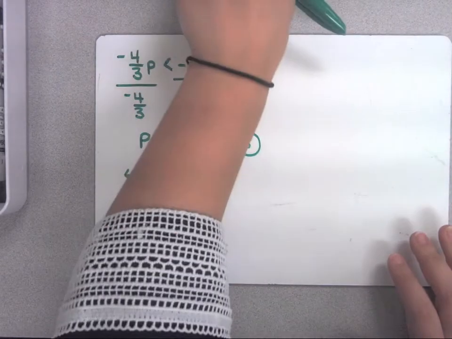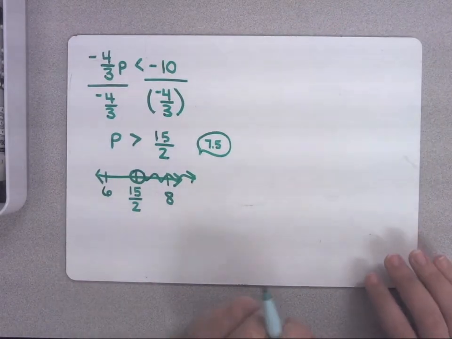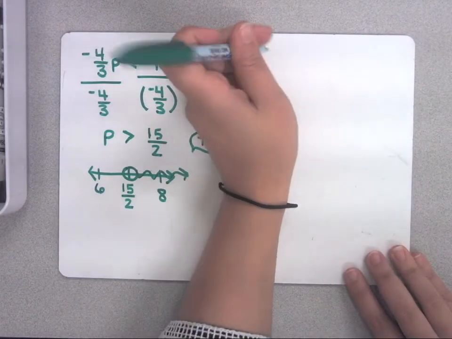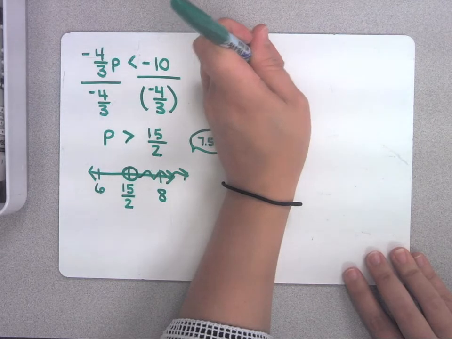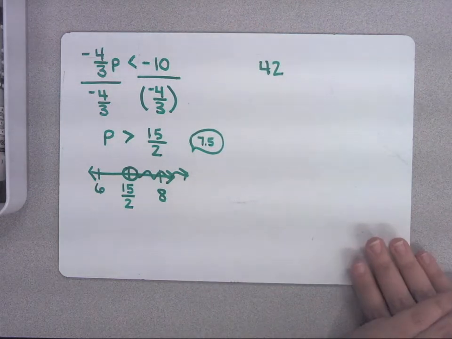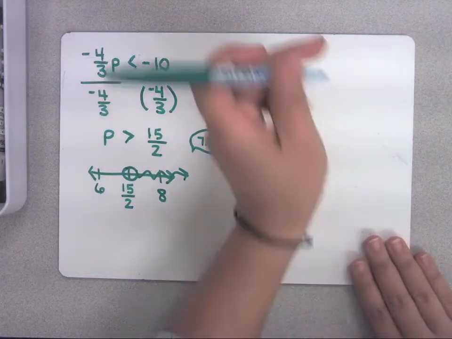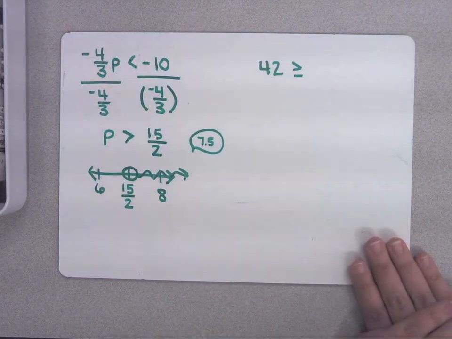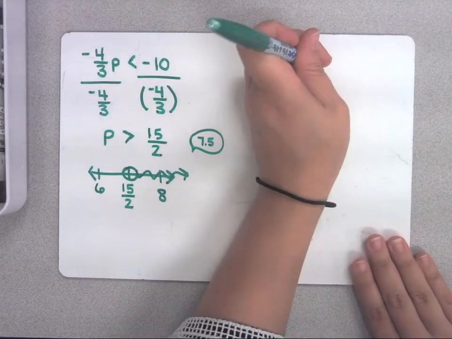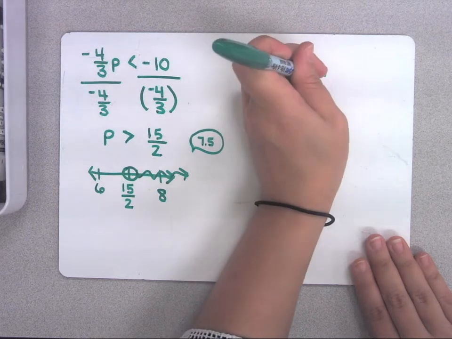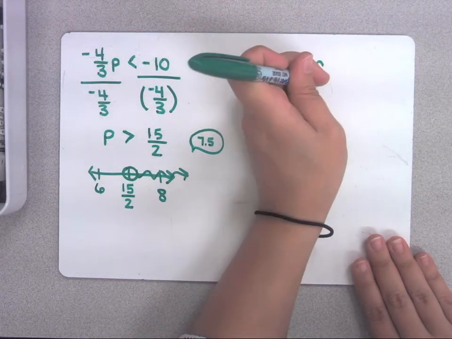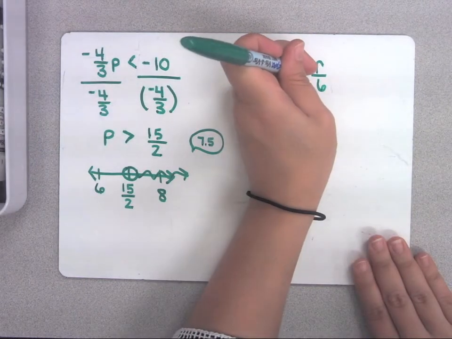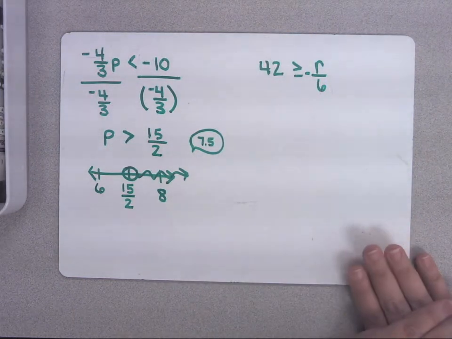Okay. We'll try this one. 42 is greater than or equal to r divided by 6, and you're going to put a negative sign out front of your fraction.